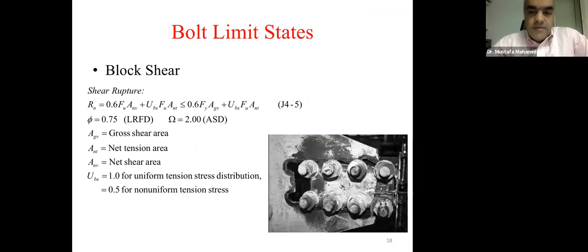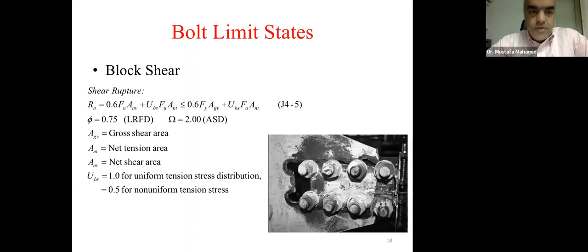If the load is from left to right in the figure here, this is a shear failure, and then the tension is in the perpendicular direction between the two rows of bolts. So we have a combination of shear failure and tension failure.